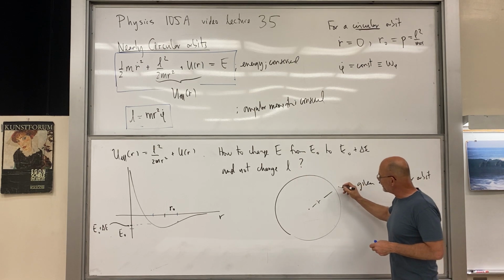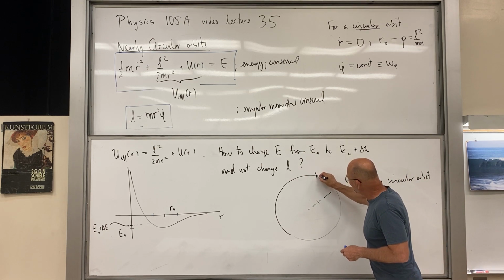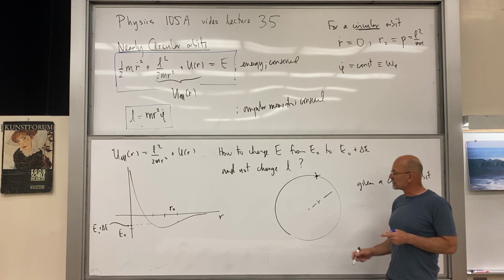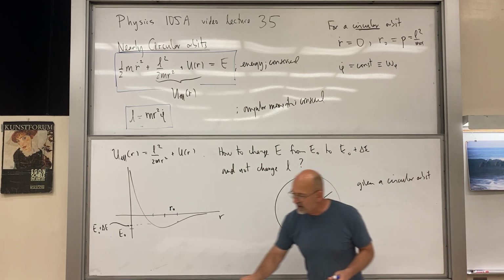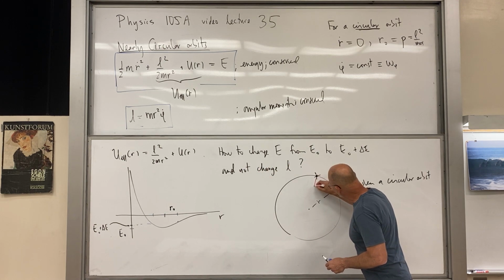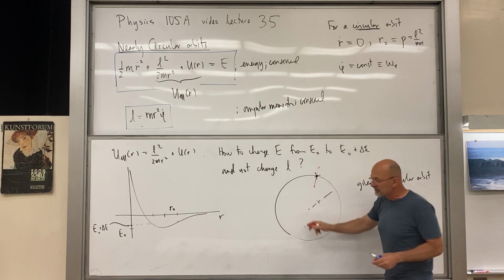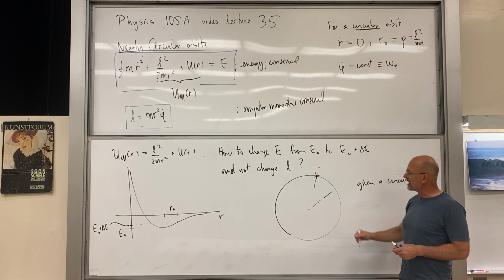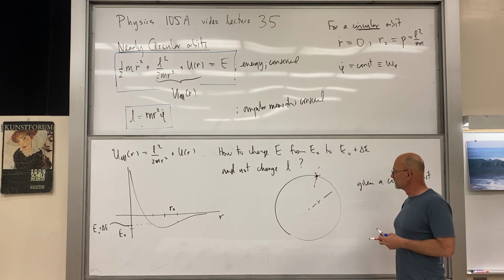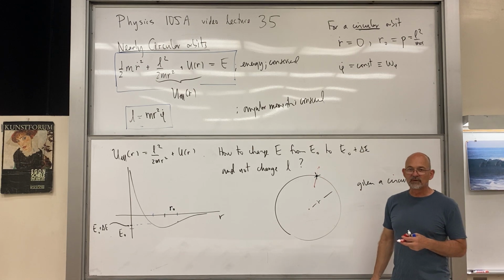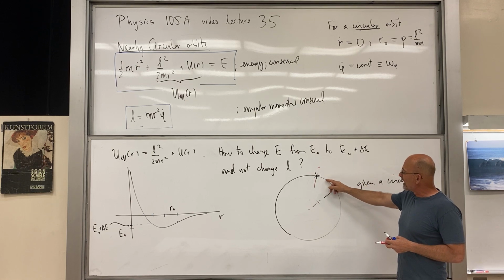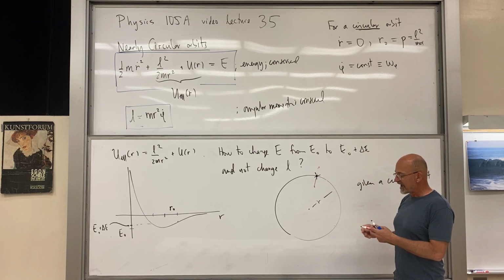So you can imagine if you are a satellite spaceship of some sort and you want to change the energy but not the angular momentum, you just have to fire thrusters towards or away from the center of the orbit. That will change the energy. You've added energy. We'll do the rocket equation next semester, by the way, but it's clear you've added energy to the orbit and you have not changed the angular momentum.